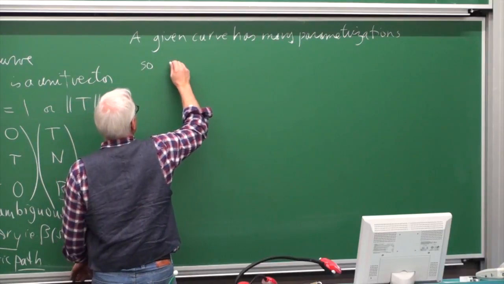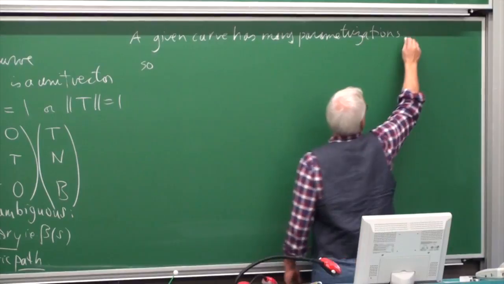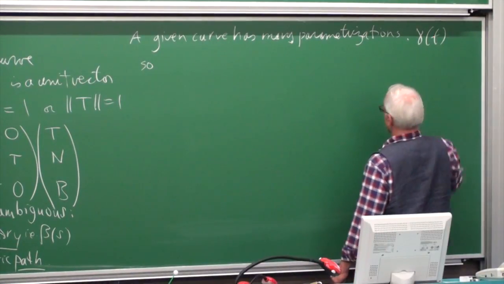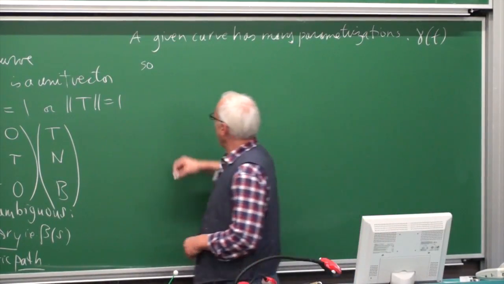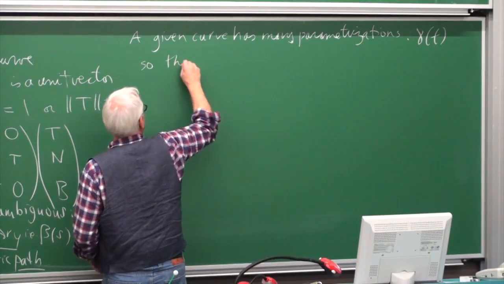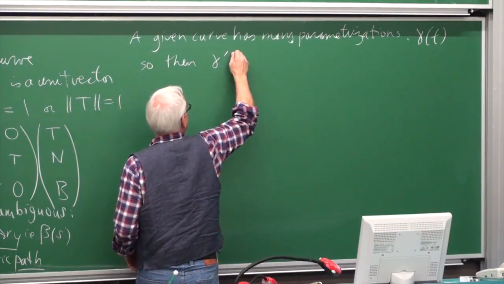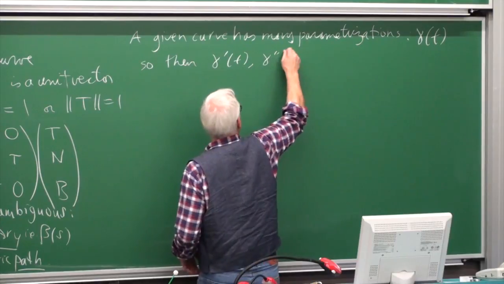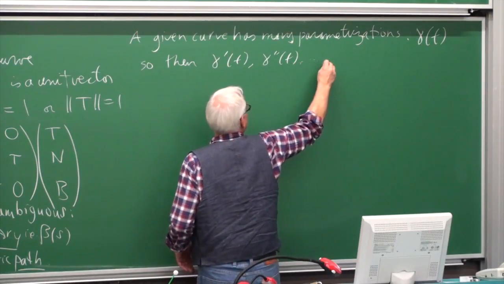So say, given a parameterization, a general parameterization, maybe gamma of t. And in this case, the various derivatives, gamma prime of t, gamma double prime of t, etc., can be quite variable.